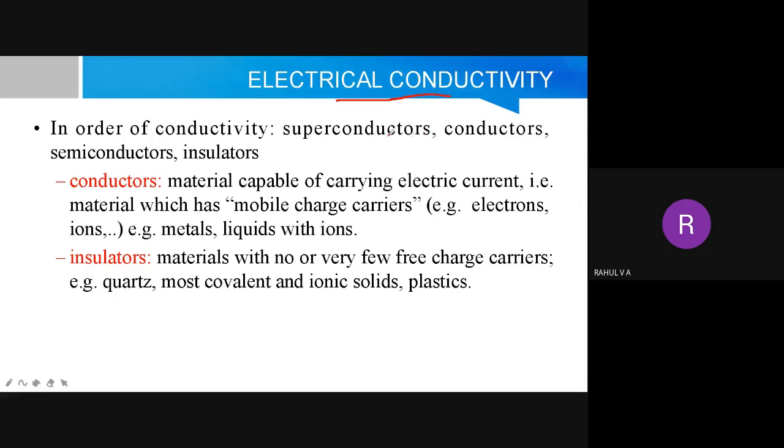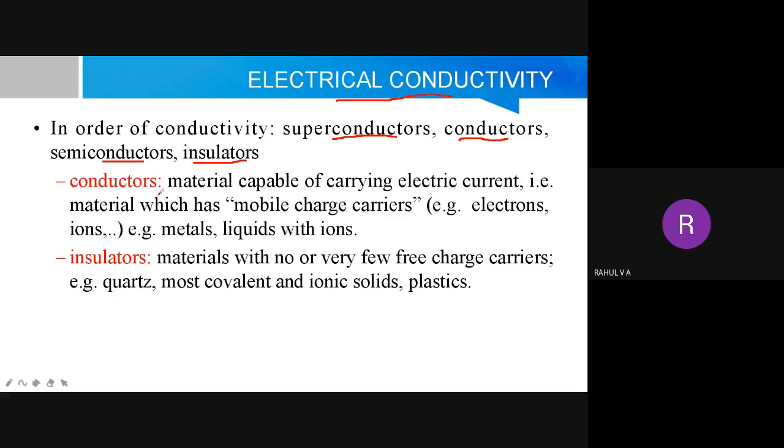Depending on the properties of material, materials are classified into four types. The first one is superconductor, second is conductor, then semiconductor, and insulator. So based on conductivity, materials are classified into four: superconductor, conductor, semiconductor, and insulator.